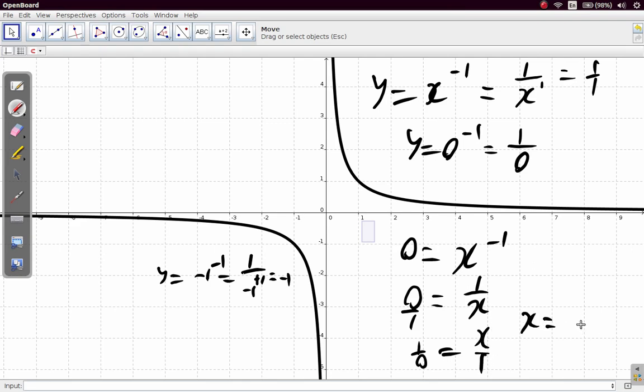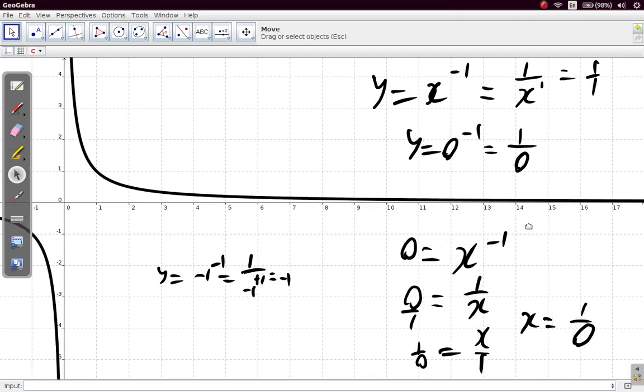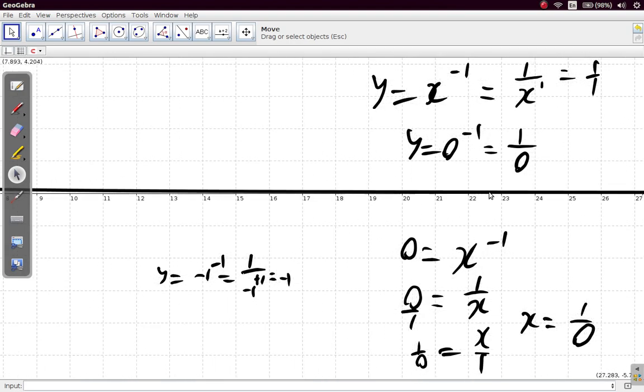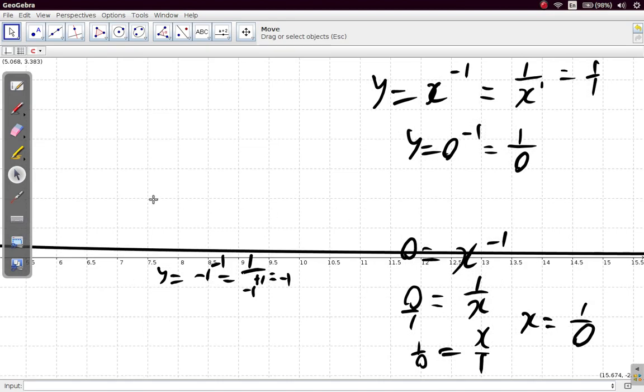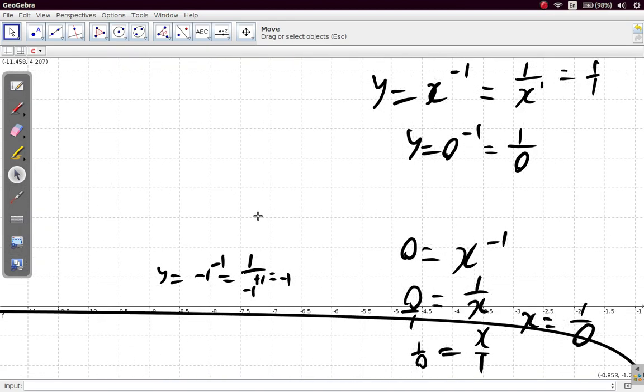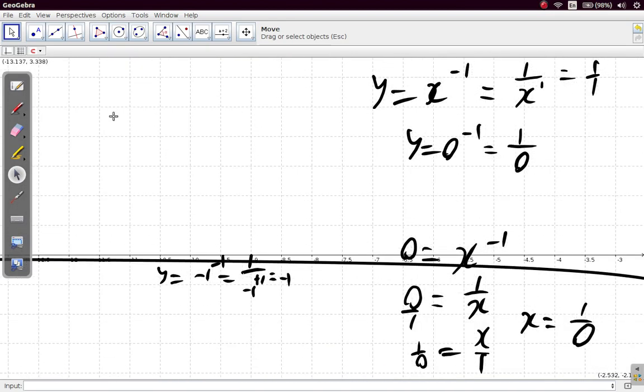So x would be equal to 1 over 0. 1 divided by 0, you can't do that. It's indeterminate. So again, the curve gets closer and closer to the x-axis, but never touches it, right? It will not touch the x-axis. No matter how far out you go to the right, it gets closer to the x-axis, but will never touch it. No matter how far out you go to the left, same thing.